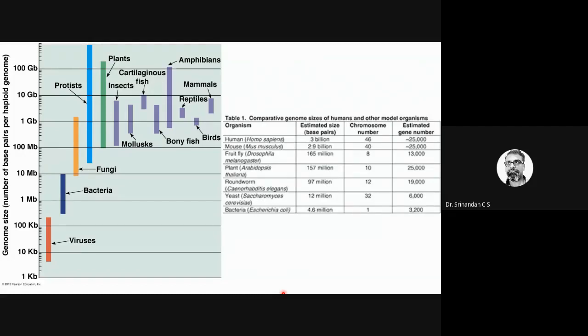Who can guess? Let's see who will guess first. Come on, anyone guess? Because it's a guess, you need not be correct. It's a guess which I'm asking. Who will tell? Shivani? Shivani is there?